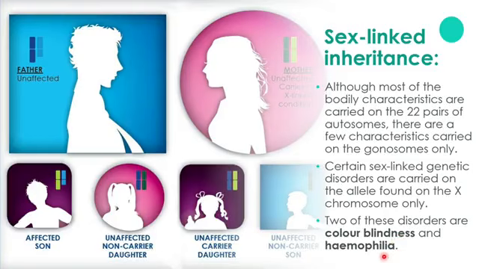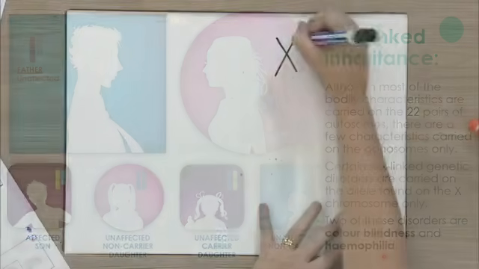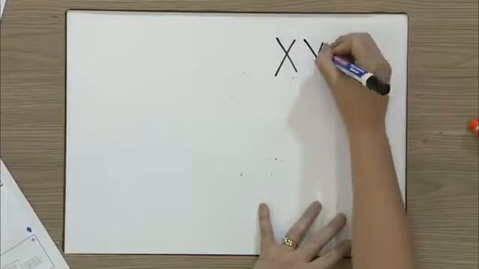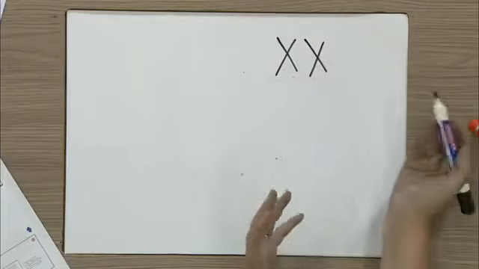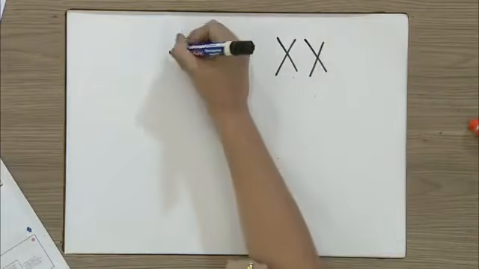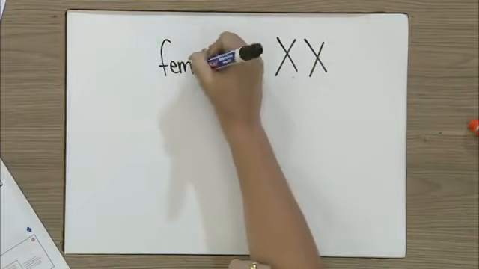Before we have a look at that, I'm just quickly going to show you some of the formats that we'll use to explain the work. So if this is someone's two X chromosomes, then we're going to say that this person is a female.